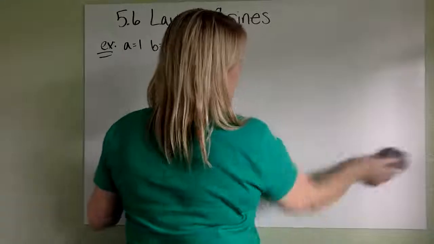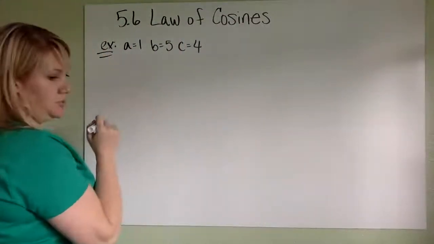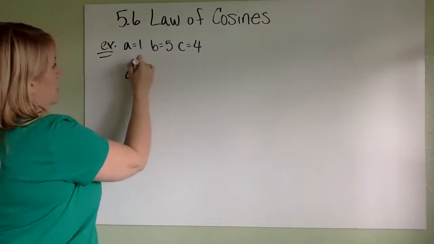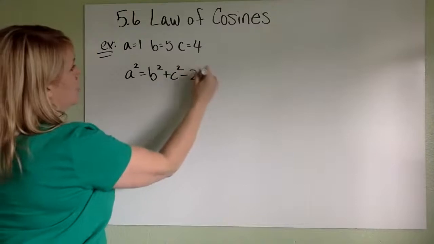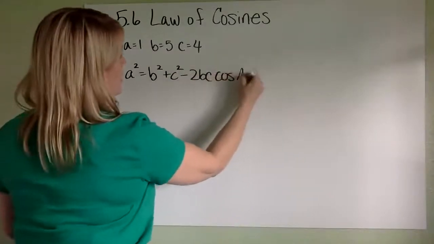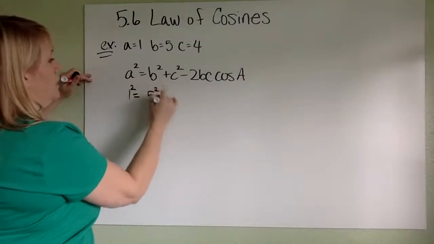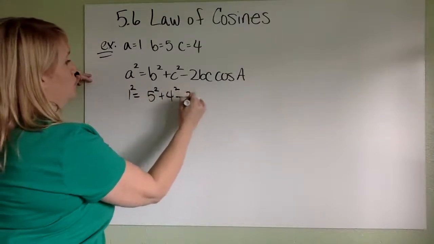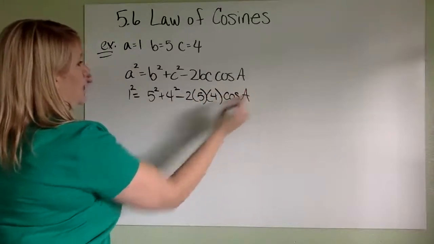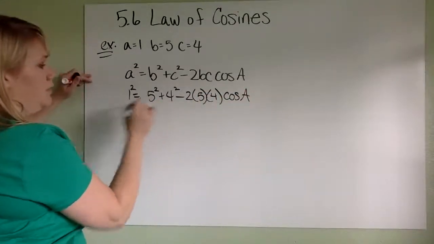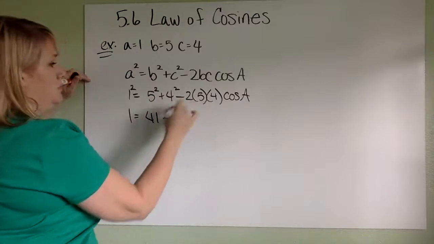Okay, so if we started this problem the same way we started the last problem, let's just walk through it. So I plug in the numbers. 1 squared equals 5 squared plus 4 squared minus 2 times 5 times 4 times the cosine of angle A. So 1 equals 25 plus 16 is 41. 2 times 5 times 4 is 40.